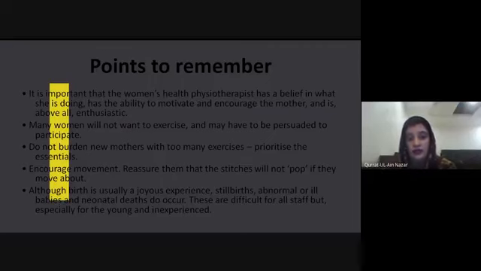The women's health physiotherapist should establish the priorities and teach the mother exercises that are appropriate. She should not be afraid of empathizing with parents in their anxieties or even joining them in their grief too.